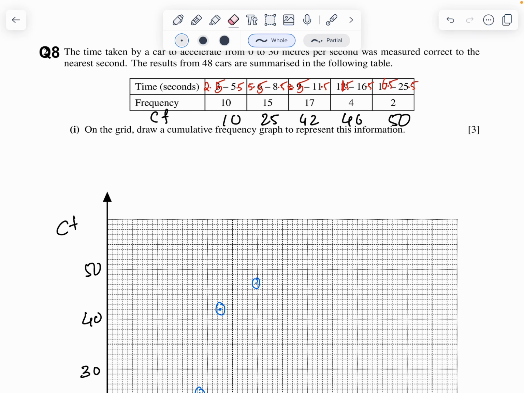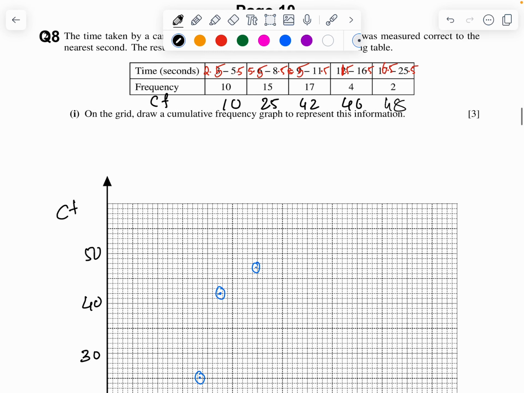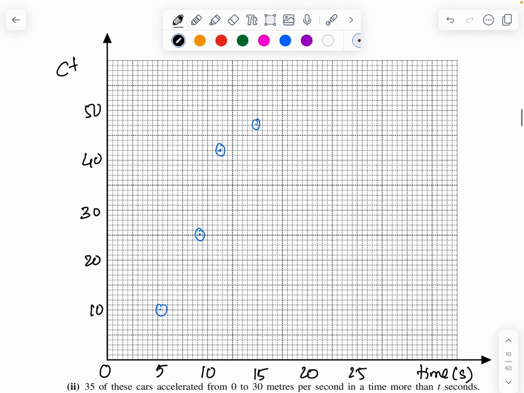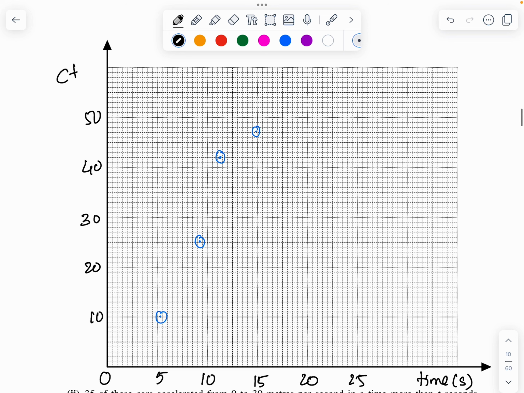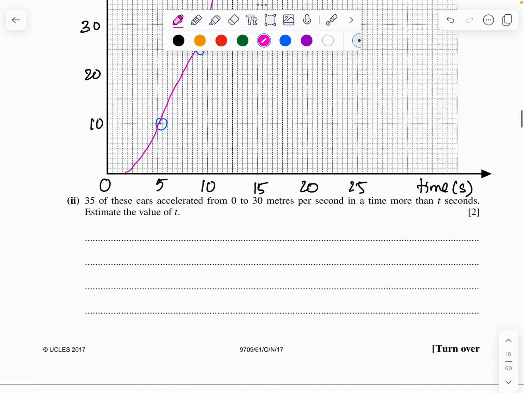So this was not 50, this is 48. For 25.5 it is 48. So when I join the points, this is the shape of the graph.